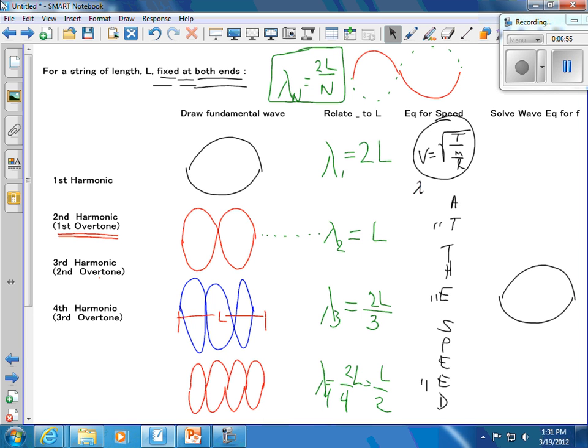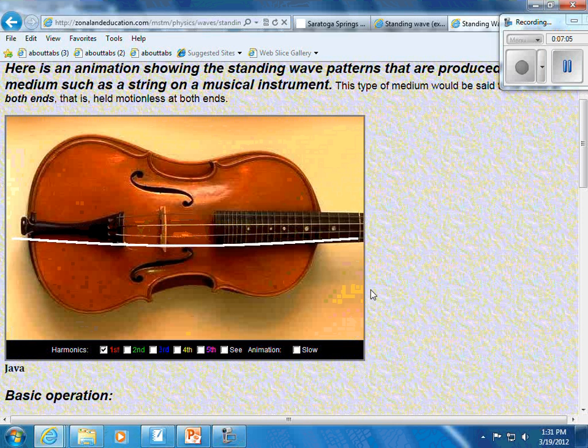Now, before I find frequencies, let me show you this nice little tablet that hopefully you will like. So here's a picture of a guitar. That looks more like a violin. Here's a picture of a violin string. And what they're trying to show you is this white line, what the string looks like when it vibrates at its fundamental frequency.